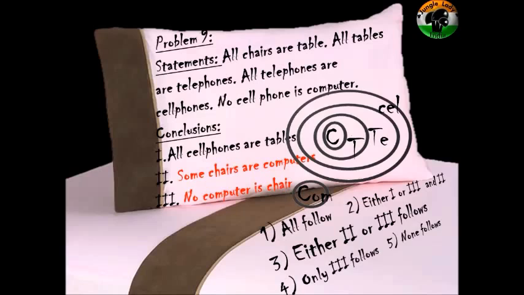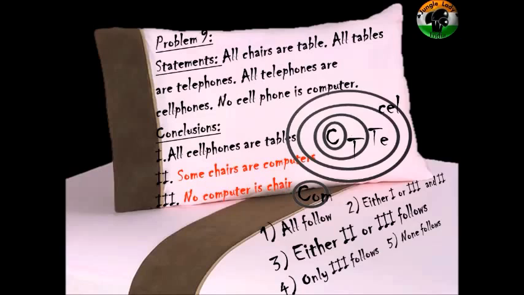So I could not put computer anywhere inside, because cell phone is the outermost circle. I am restricted by the last statement from putting computer inside any of the circles. So obviously only one diagram is possible for this problem, and we are going to check the conclusions.